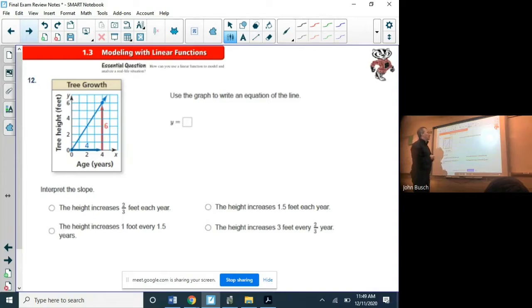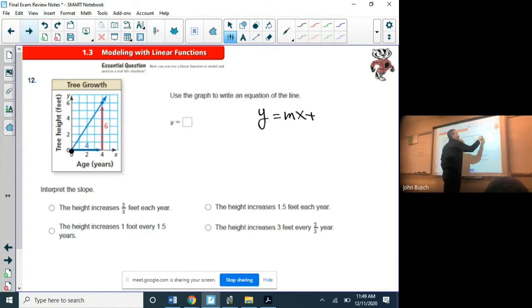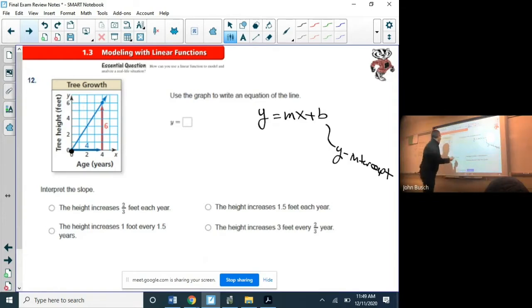So use the graph to write the equation of the line. Remember, the equation of the line typically is y equals mx plus b, where b is the y-intercept. You can look at the line and see it crosses the y-axis at 0. So in this case, b is 0.